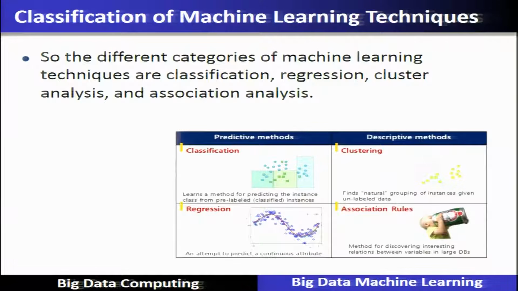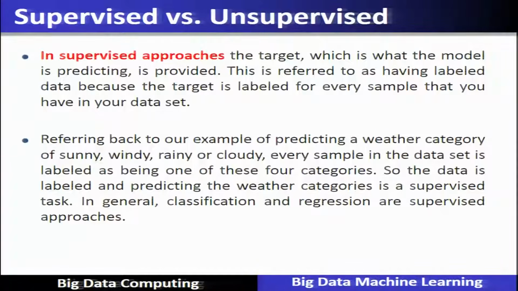For example, for predictive methods, we can apply classification or regression depending upon whether we are predicting a category or a value. Similarly, when descriptive methods are to be applied, we choose between clustering and association rules. Furthermore, machine learning is also categorized as supervised and unsupervised.